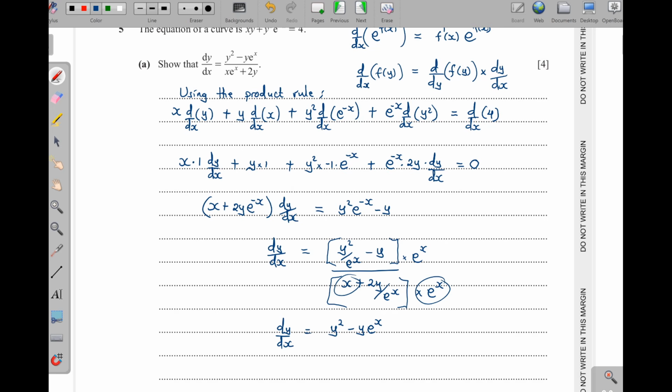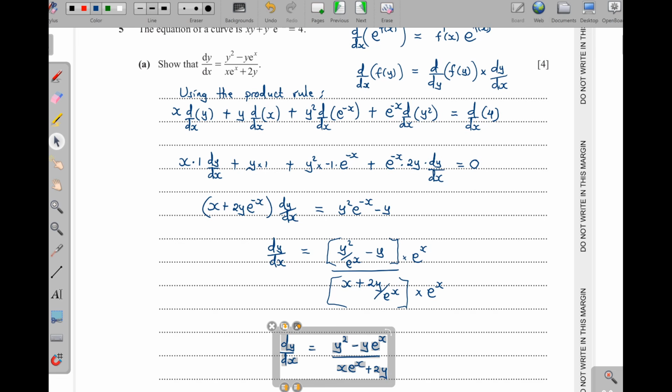And then this times this, you will get your x, then e to the power of x. And then when this one multiplies with this, the e to the power of x disappears, and then we have a 2y. If you can observe clearly, it is exactly what they have told us to prove, not so? So that is that. Don't you see here?